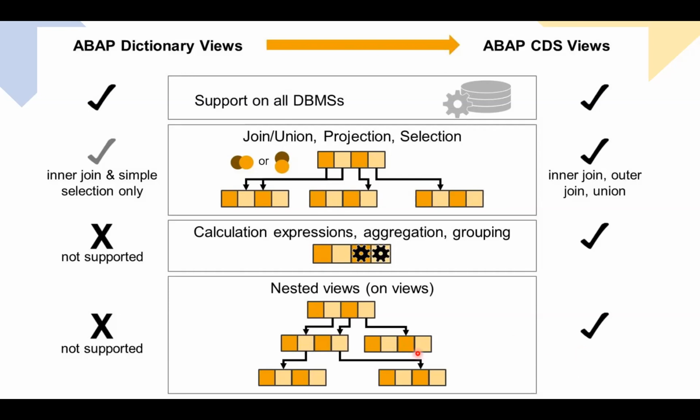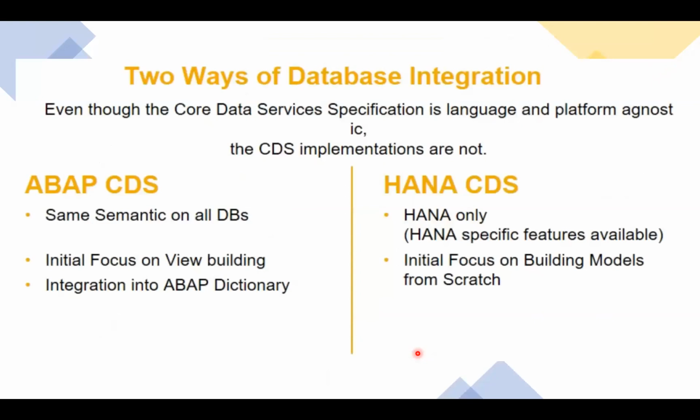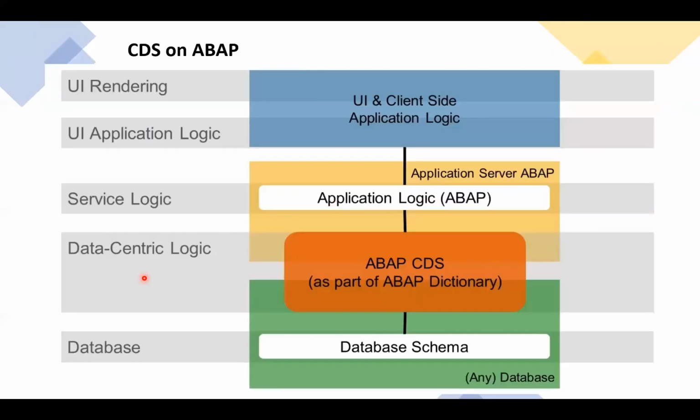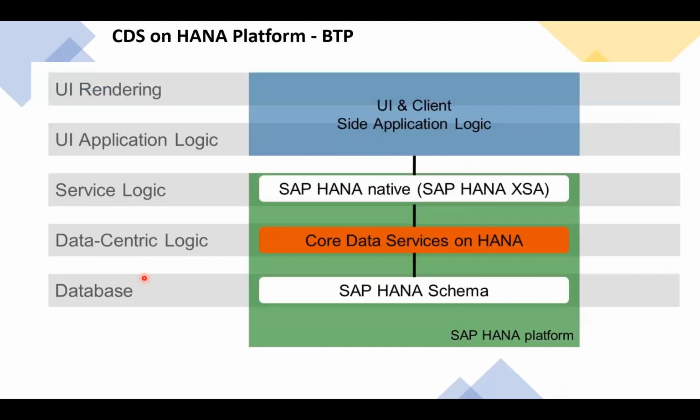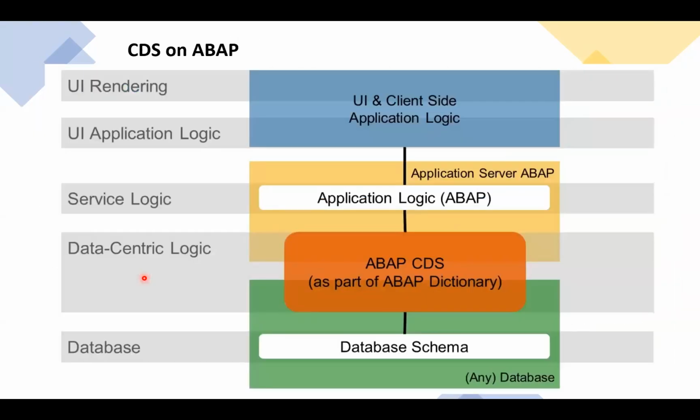Next, two ways of database integration: HANA CDS and ABAP CDS, which we have just seen. If you remember this diagram, it's for ABAP CDS, and this is for HANA CDS. HANA CDS is completely the database on BTP, and ABAP CDS, as the name itself says, has an ABAP layer.